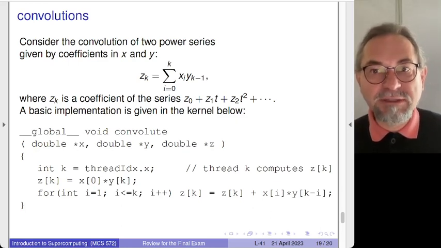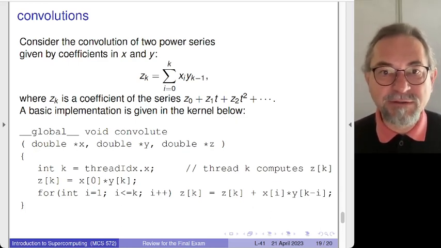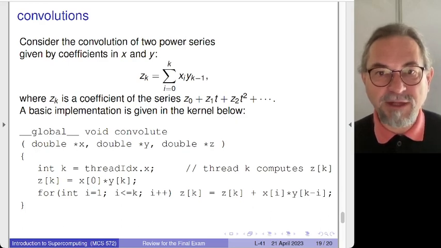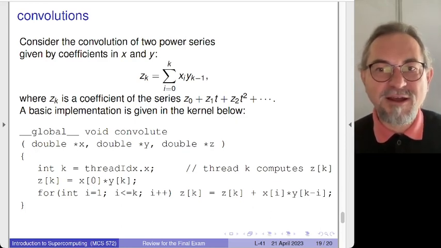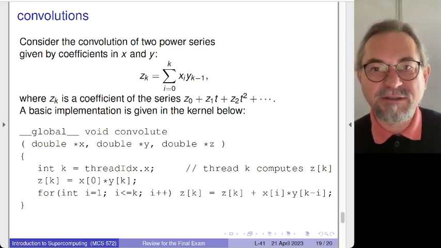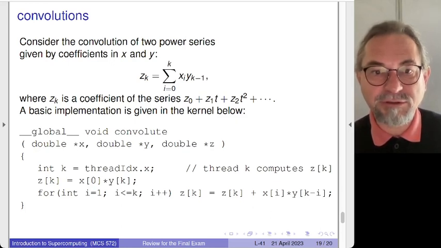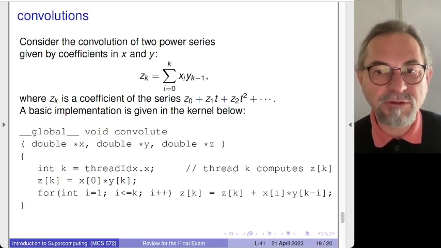And also the thread divergence is kind of hidden in this. If you looked at the last lecture, you know everything that is wrong with this kernel, but I will treat this now as a self-contained exercise. The thread divergence is hidden in the sense that every thread does a different number of computations. So very bad.